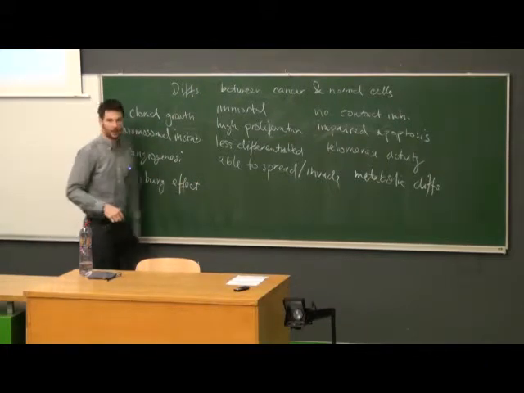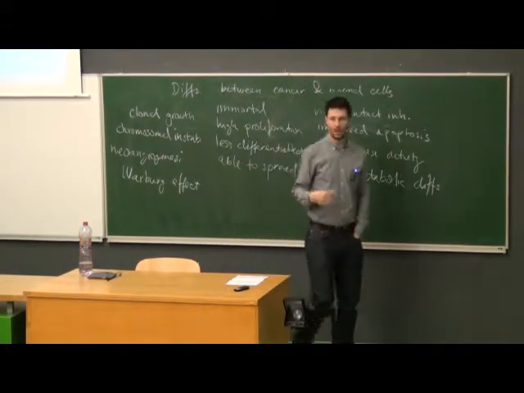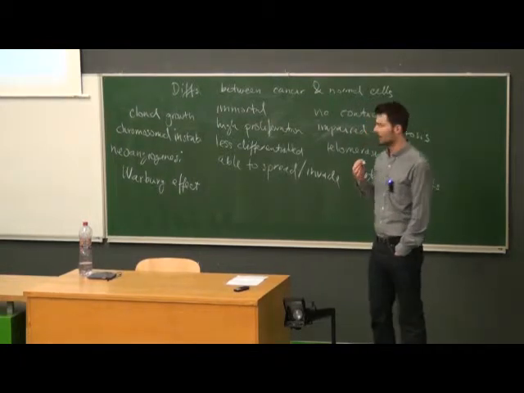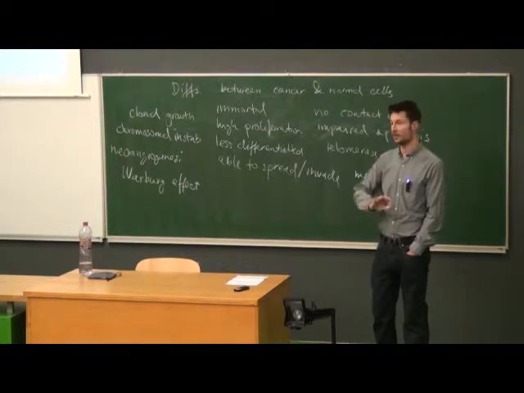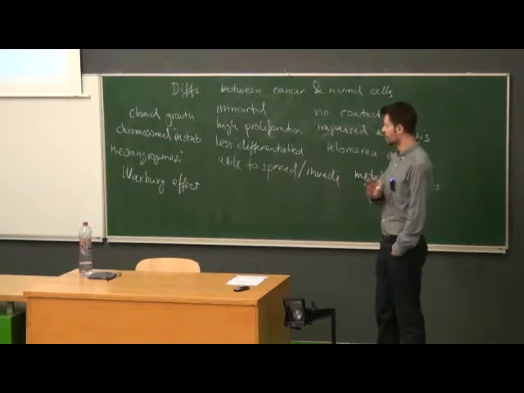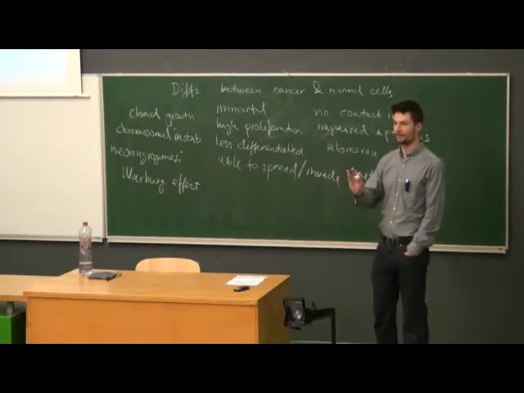Obviously called after the guy who discovered it. And what Warburg discovered was that most cancer cells use almost exclusively the glycolytic pathway to get their energy. So they don't generally rely on mitochondrial oxidative metabolism. They just use glycolysis and that's that. Nobody knows why that is the case, but it is a very striking difference between normal cells.